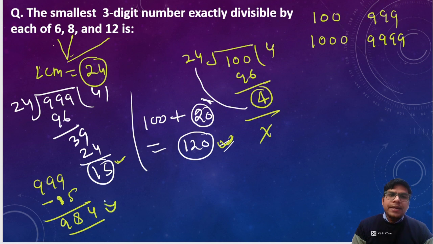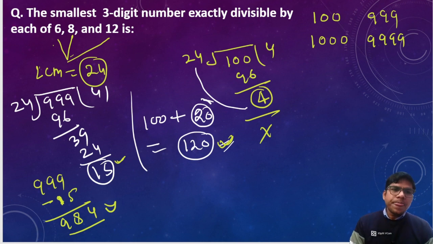So 984 is the largest 3-digit number which is exactly divisible by 6, 8 and 12. Suppose we subtract this remainder from 24 and add the resulting number to the largest number, then it will get converted into a 4-digit number. So we cannot do the same process in the case of the largest number.